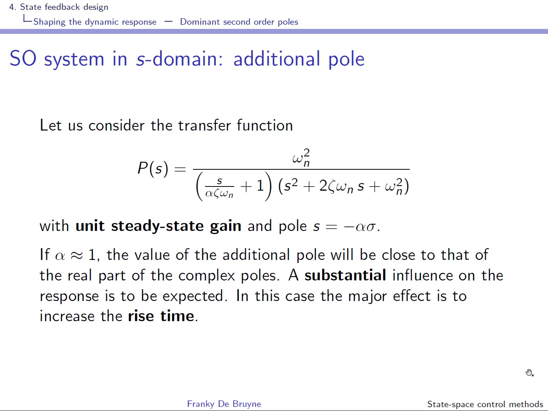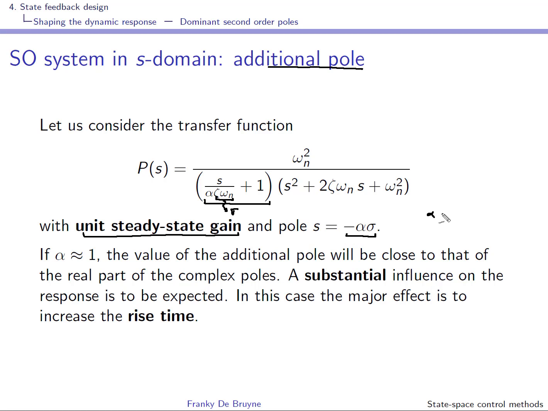So we'll now consider the case of an additional pole, and again we'll introduce the pole in such a fashion that the steady state gain is preserved. We still have a unit steady state gain, and because this is a sigma over here, we see here that the pole is in minus alpha sigma.